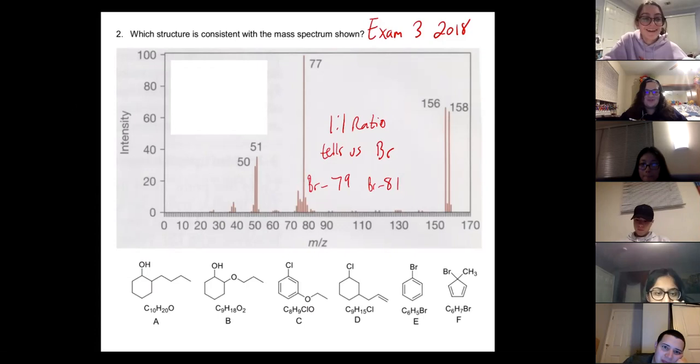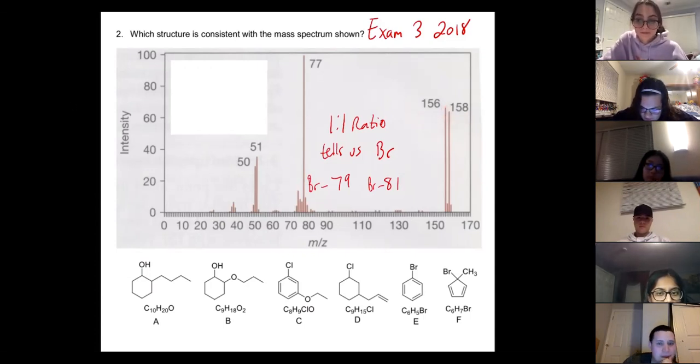Okay, so for this one, it's the 1:1 ratio, and we know it's 1:1 because these peaks are super close together. They're almost identical. So that tells us Br has two isotopes, 79 and 81.